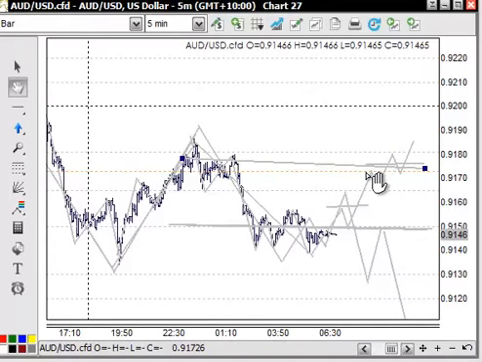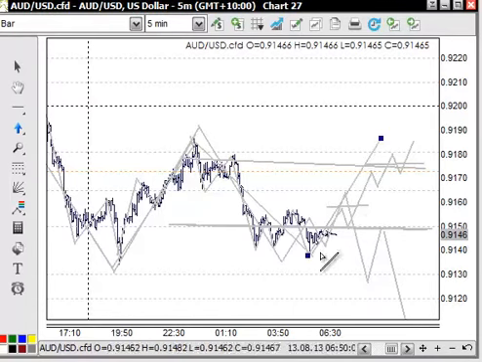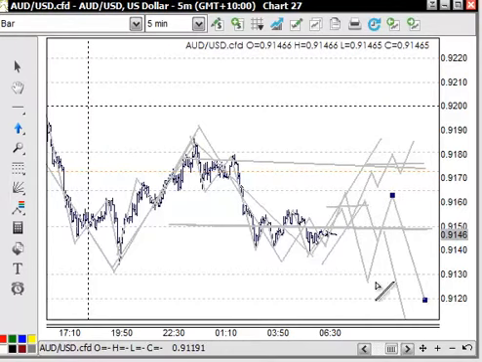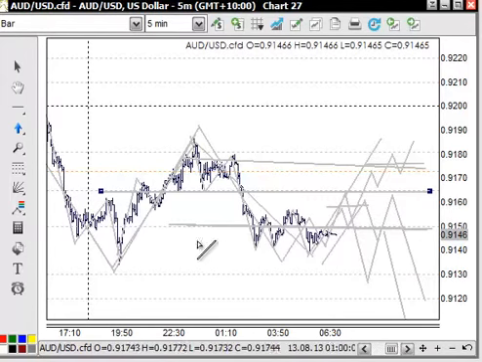It will all depend on whether we get an impulse wave up here, 5 waves, or we get 3 waves up there, the A, the B and the C, and then move down from that point, and that would be the resistance there. So it probably wouldn't get much further than the beginning of group 2, in this case the 65. Alrighty, well, that's it. So good morning and good luck.